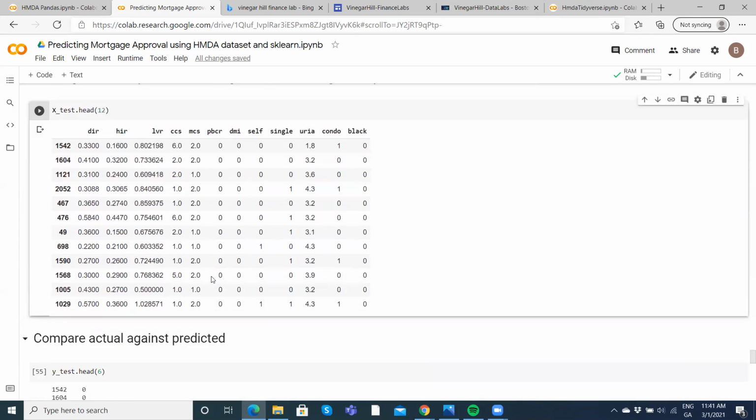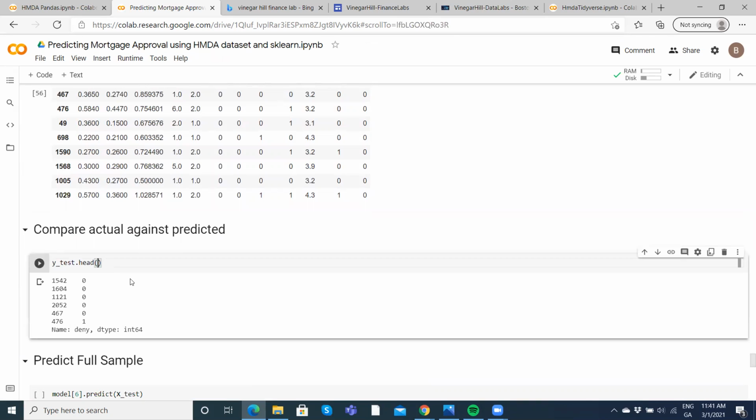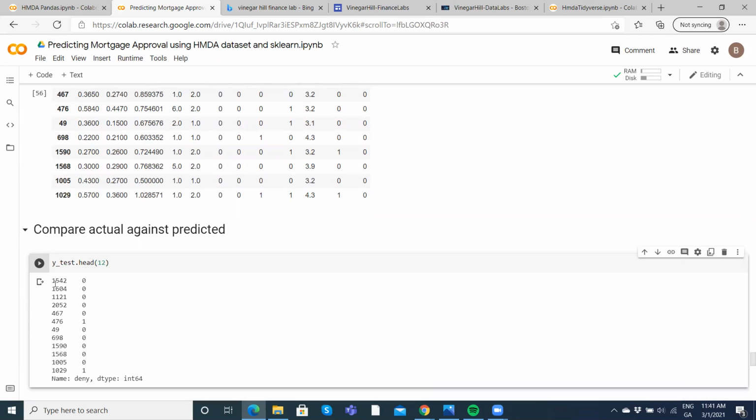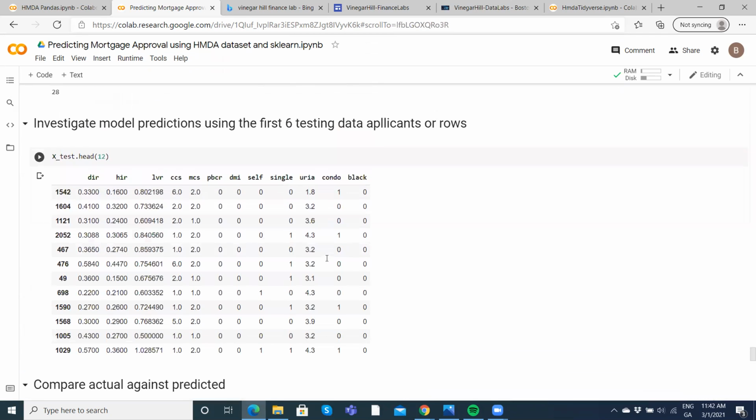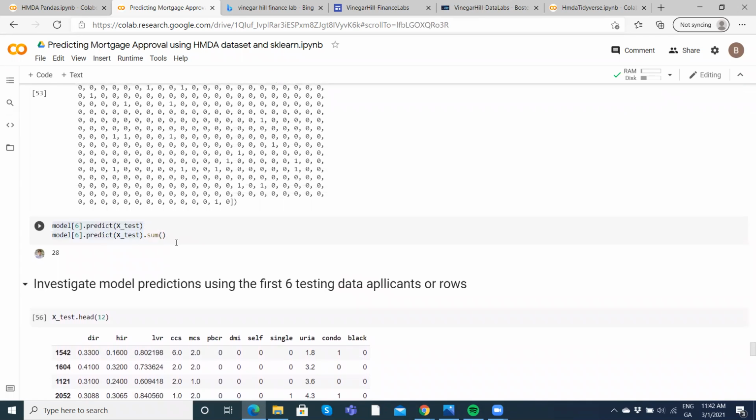We could take the 12th observation here and see, was that actually true? And when we go down to the 12th applicant in the testing data set, we can see they were actually denied. So in both instances here, the random forest model is doing quite well in testing.